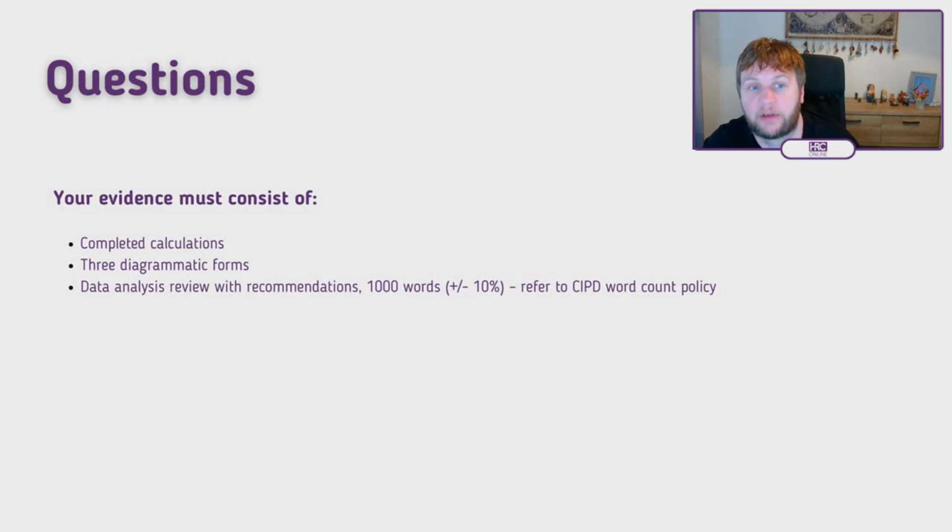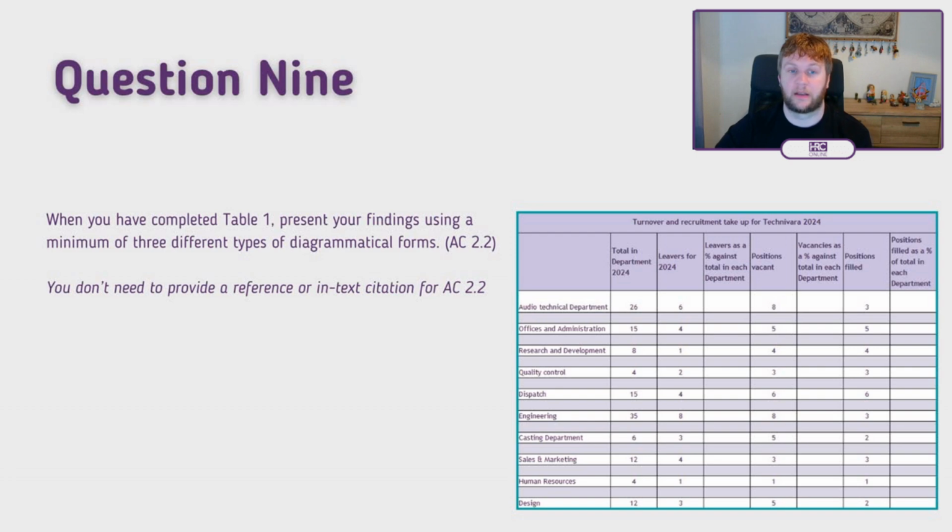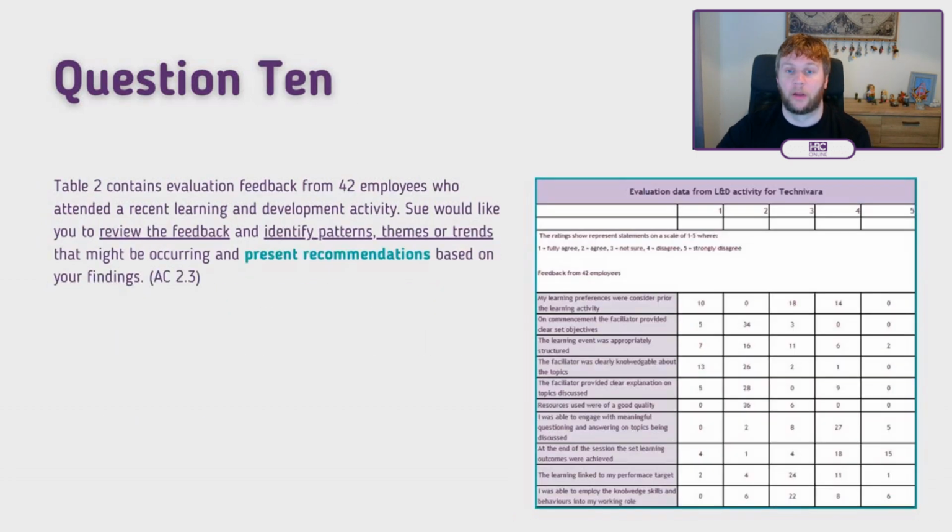It's asking for 3 diagrams, and it's asking for a data analysis review with your recommendations and evidence behind it. It's telling you where you don't need to have references and citations, which is 2.2 and 2.1. Do need to have it for 2.3. So build out your answer, build out your structure, and you do absolutely fine.